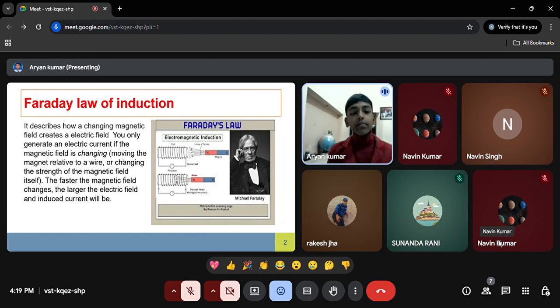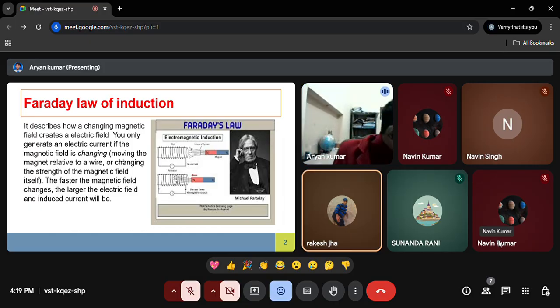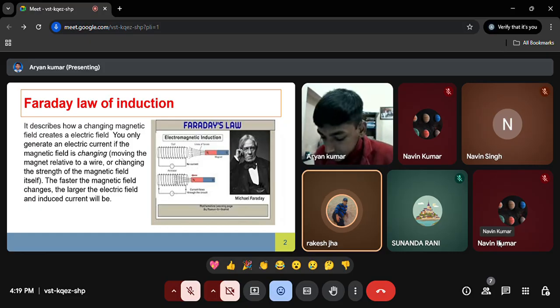If we move a magnet relative to a wire, do you know what would happen? I think it might induce an electric current in the wire through a process of electromagnetic induction.